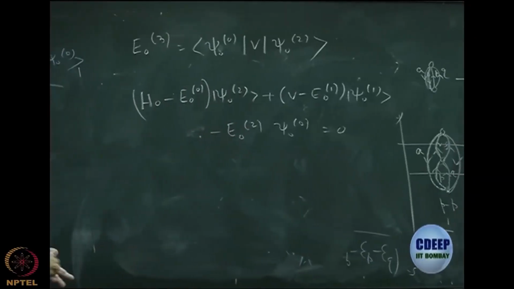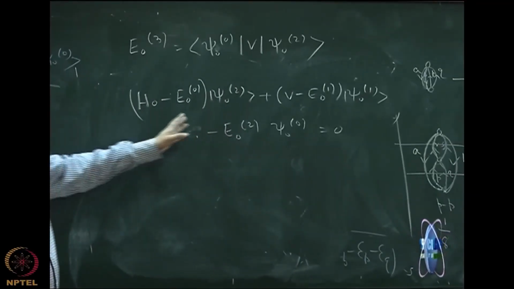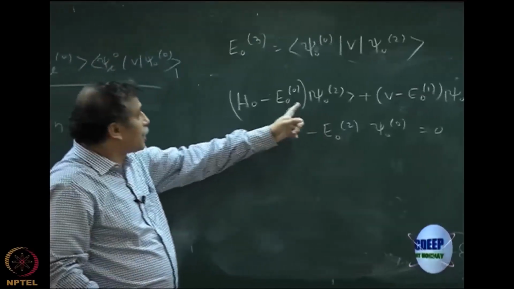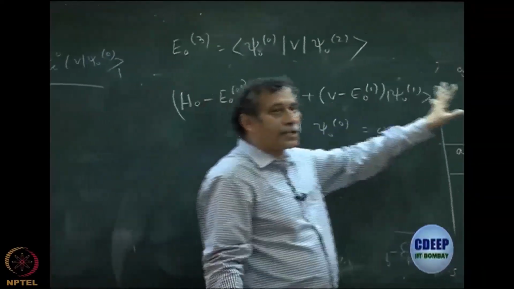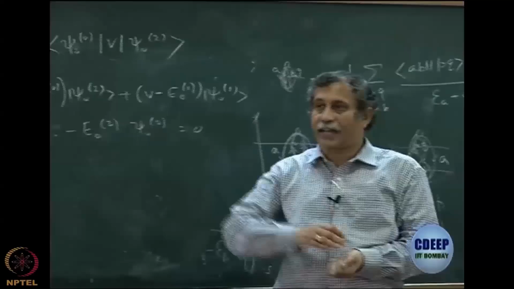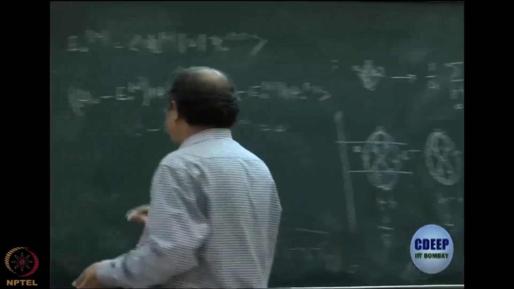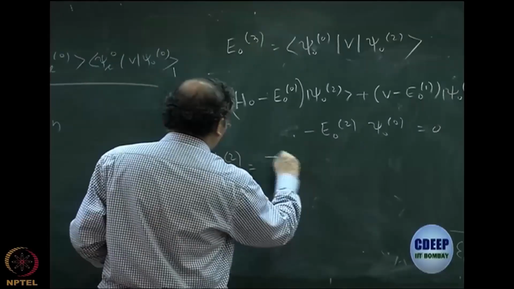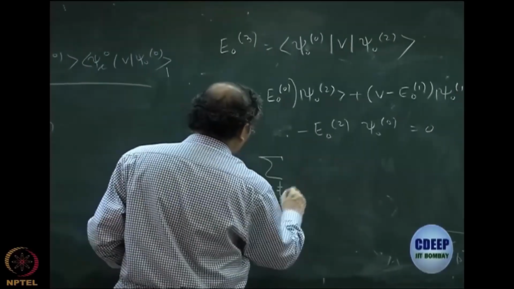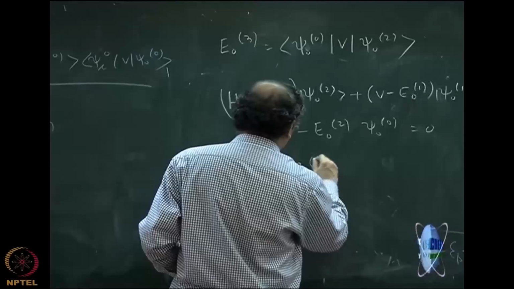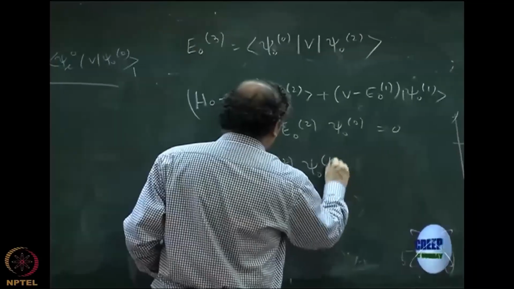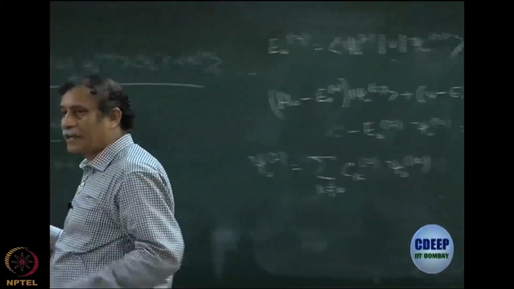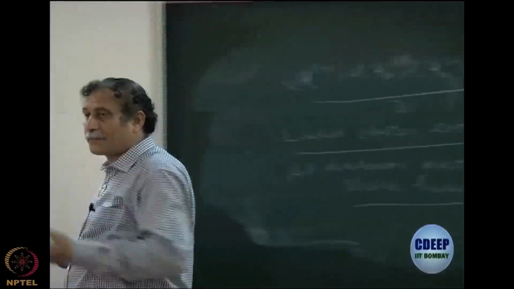What we need to do is to find out the expansion of ψ02 in terms of the ψ0k. Because remember, exactly like first order, we will write ψ02 as a linear combination over all k not equal to 0, which I now call ck2 ψ0k, right? The same expression that I use for the first order, except that the coefficients will now be called ck2.